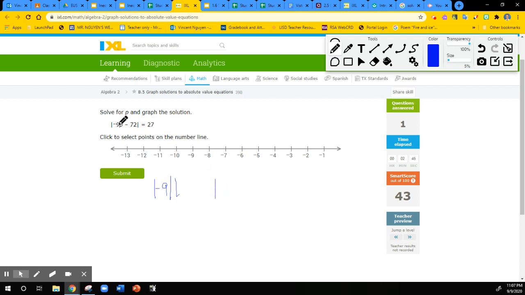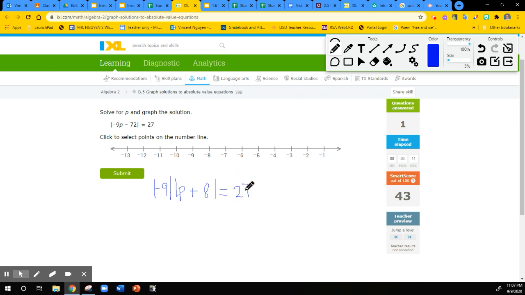So if I factor out a negative 9, I will have p left, right? And then a negative 72, factoring out a negative 9 will actually leave me with a positive 8, because 8 times 9 is 72. So I actually have a positive 8 left inside. Okay. And all of that is equal to 27.